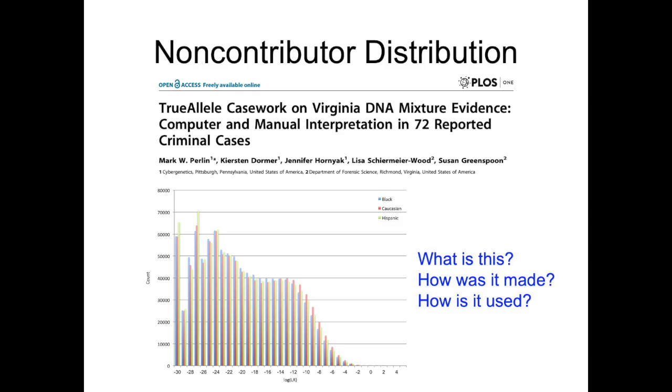How is it made? About 100 casework genotypes were compared with 10,000 randomly selected profiles from each of 3 different populations in order to calculate 1 million match statistics times 3 and collate them.